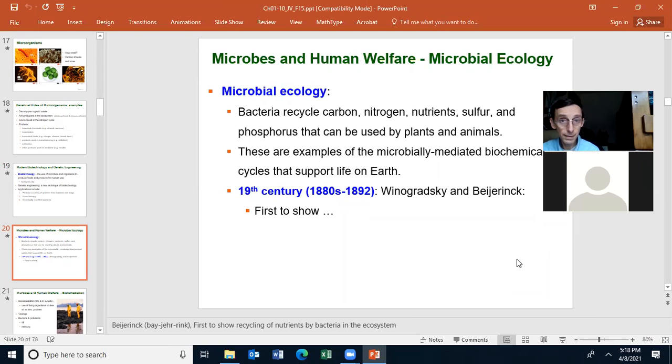Now, carbon is cycled in the ecosystem partly by microorganisms, but carbon also moves around in the ecosystem by other means, not using microorganisms. And then microorganisms are extremely important in recycling nutrients.